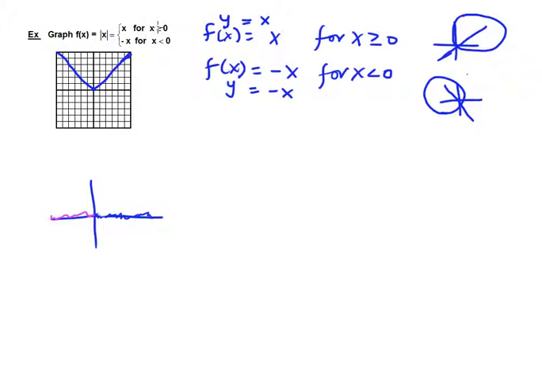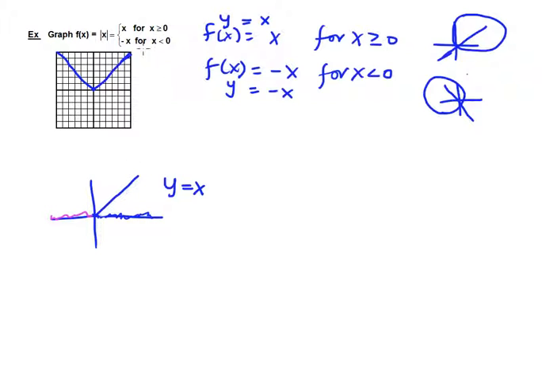When I go back to look at the function, the f of x values for this first domain, I'm seeing that f of x is equal to x, and I can write the equation y is equal to x for that region. And again, I know that the line y equals x will only apply in the domain greater than or equal to 0.